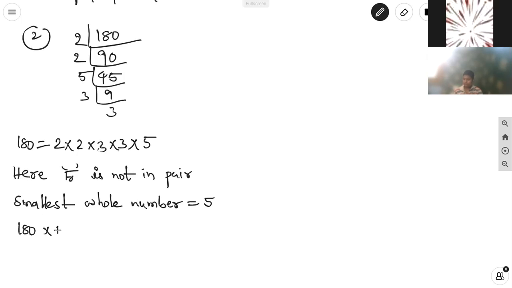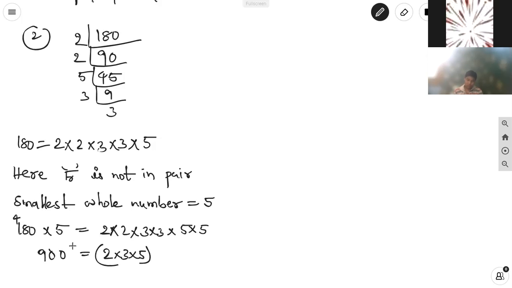180 is multiplied with 5 on both sides. So 2 into 2 into 3 into 3 into 5 into 5. So now 5 is also in pair. It is equal to 900, equals 2 into 3 into 5 whole square. 2 3s are 6, 6 5s are 30, 30 square.